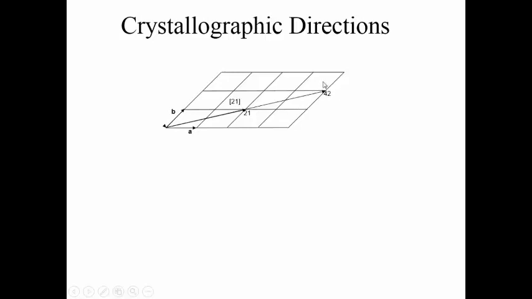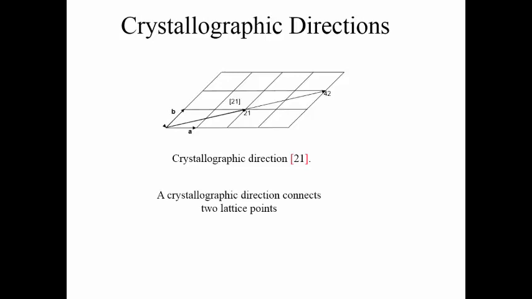So we take out any common multiple. In here we get the least common divisor, and we get 2, 1 here. We take out the 2 from both of those. So here's the crystallographic direction with our very important square brackets. The direction will always have square brackets, and it'll have an arrow to show which direction it goes.